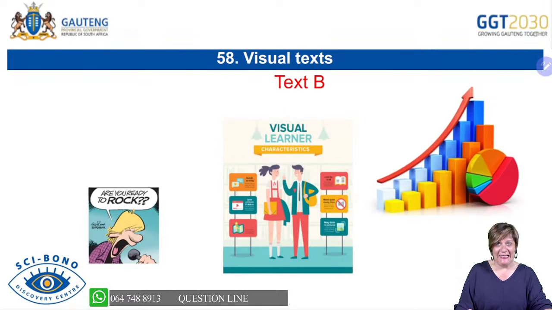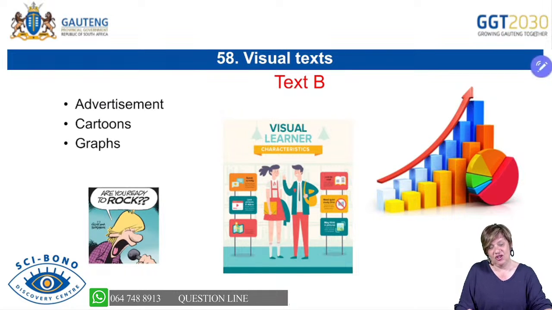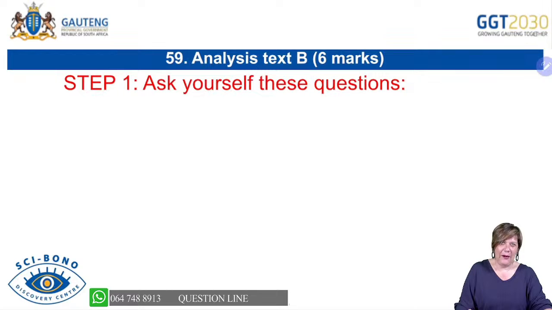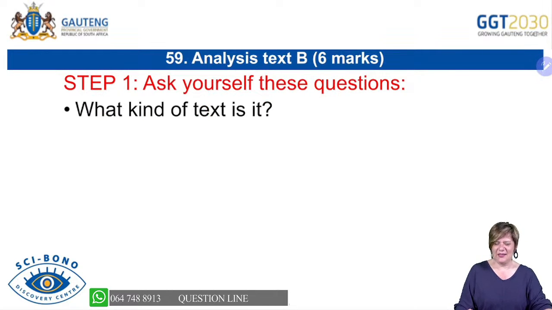Now, visual text, that's part of your comprehension text B, can either be an advertisement, a cartoon, a graph, or even an infographic for that matter. So how do you answer these ones? Step 1. Ask yourself these questions. What kind of text is this?